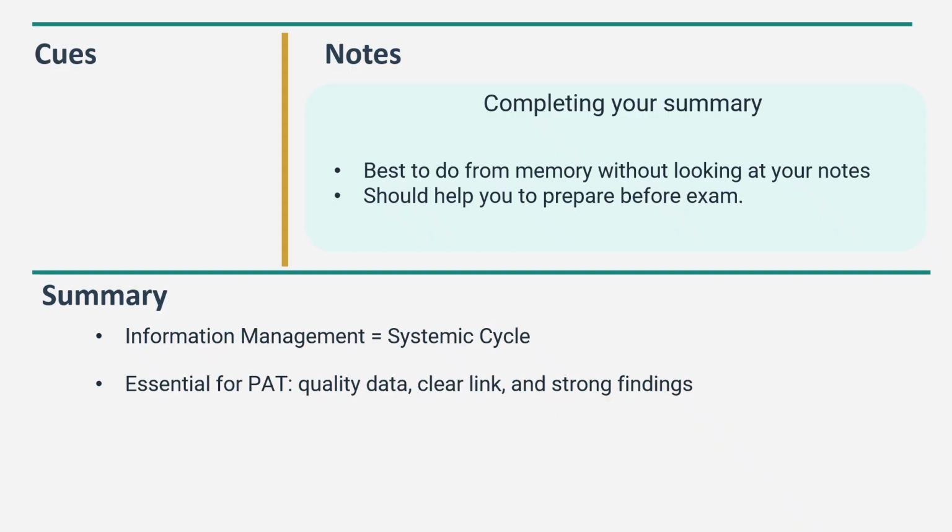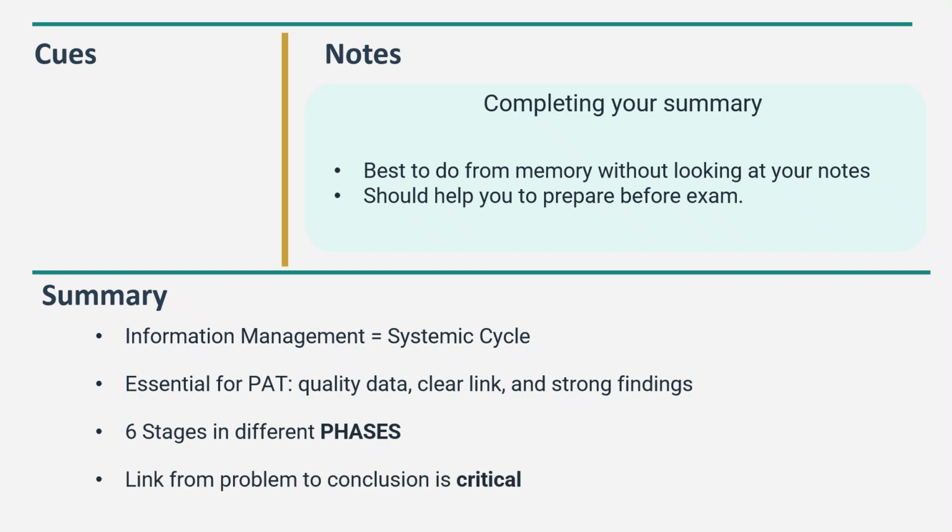The 6 stages are task definition, question levels, data collection, processing and analysis, presenting findings, and referencing sources. Also remember, the link from the problem to the conclusion is absolutely critical. In our next lesson, we'll dive deep into stage 1, writing a strong task definition and crafting a clear main question.